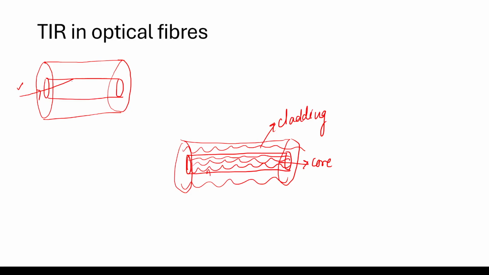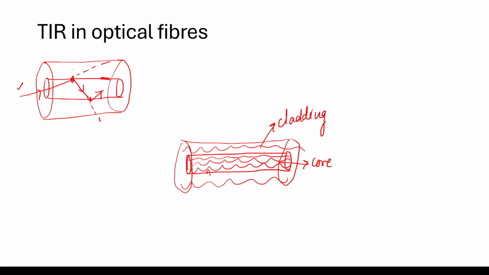Now imagine the signal hitting here at this part: a part of it is lost and a part of it comes back inside. Then it hits here, a part is lost again, and part comes back inside. If at every point it hits this boundary a little bit of signal is lost, you're going to have very, very weak internet.